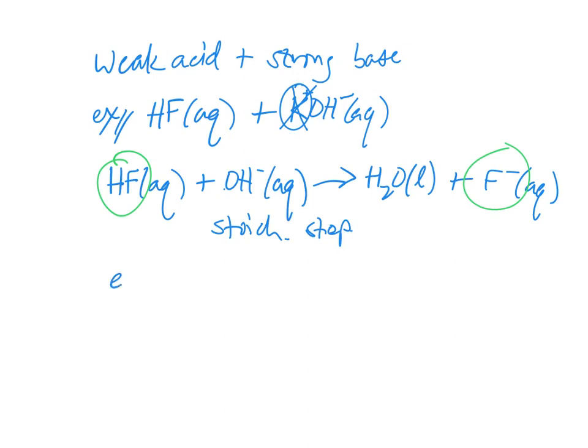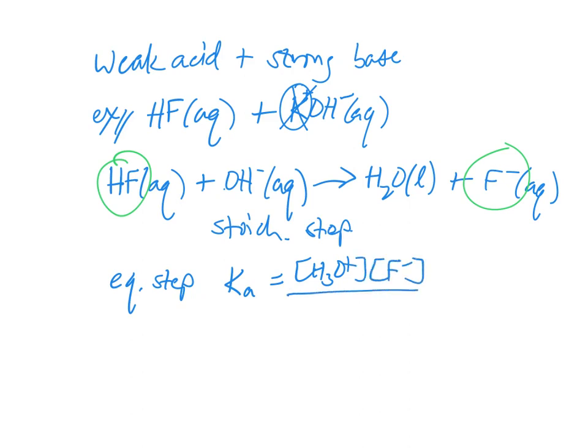The equilibrium step that would follow would be plugging it all into the Ka equals H3O plus times F minus all over HF situation, where you take the amounts of HF and F minus that are left over and plug those in and solve for Ka.